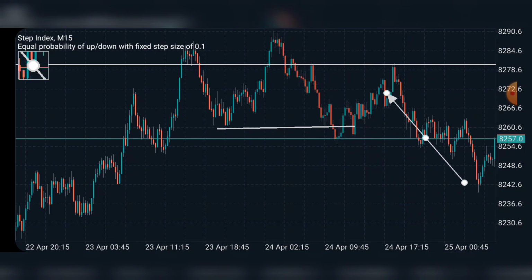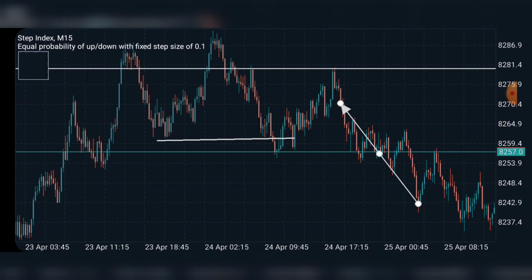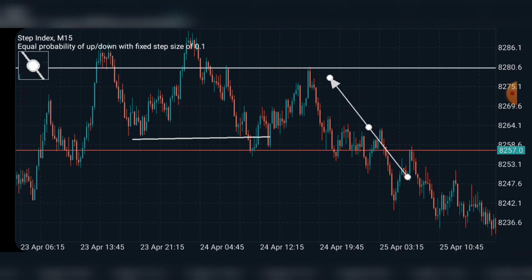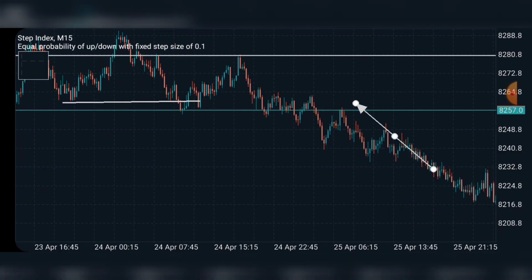So what happened? It respected this area, tapped into the supply zones here, then it started to fall, right? And what happened? Price basically fell, right? And then all of these smaller ranges that you're seeing, right? Highs and lows, higher, lower lows, higher highs. All of these are internal liquidity.